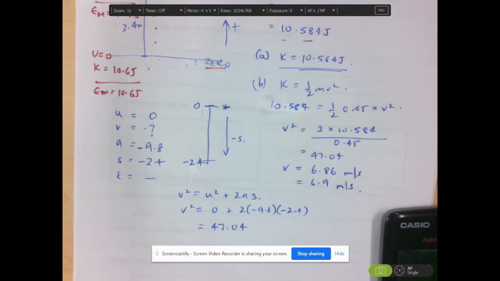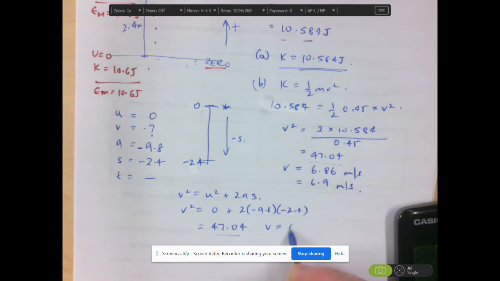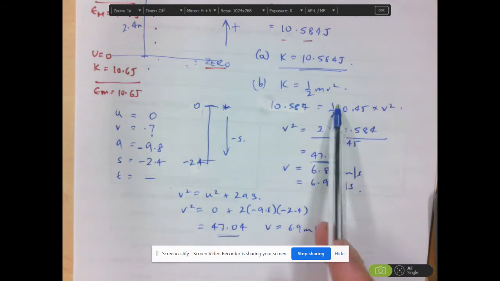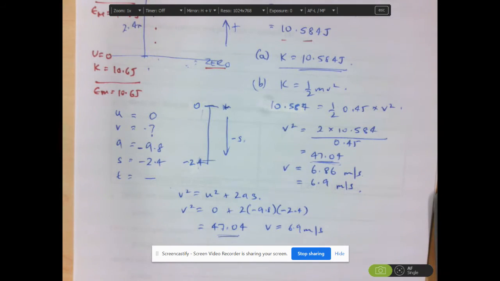If you notice, we've got v squared equaling the same value as before. So that leaves us with v equaling 6.9 meters per second when we square root. So we can do this problem by the equations of motion using UVAST, or we can do it using energies and conservation of mechanical energy.